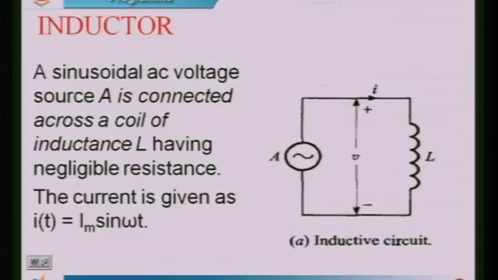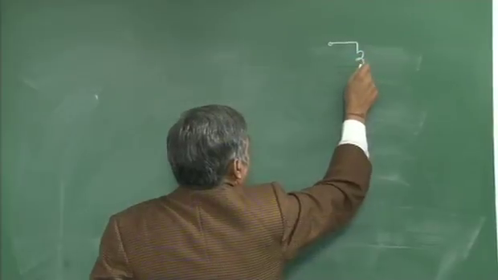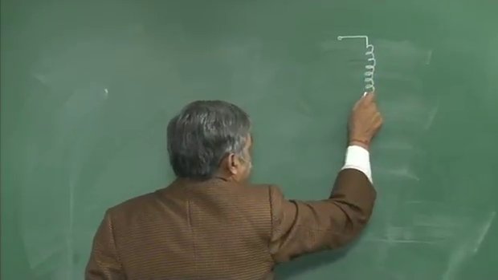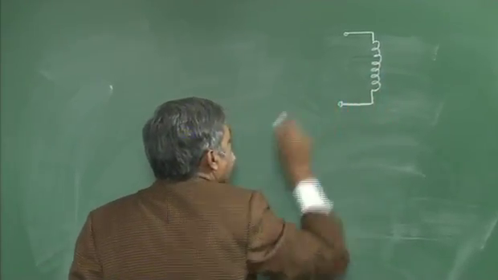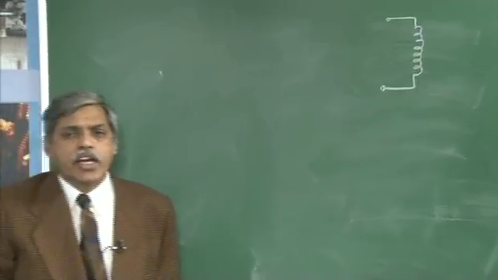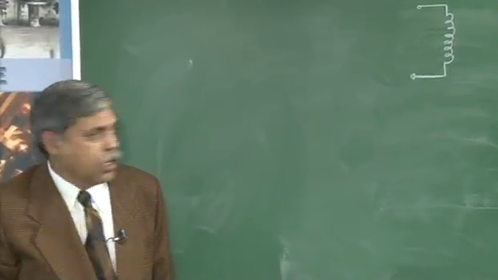Now I will take an inductor. The inductor is made up of a coil, or a conductor wound in the form of a coil, or we can also have a straight conductor with some inductance.